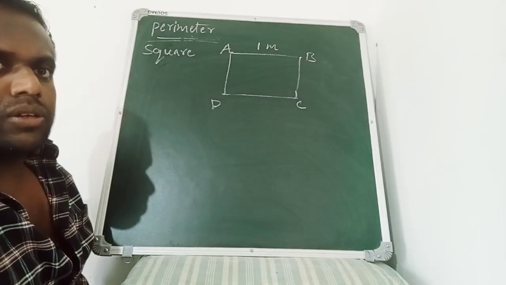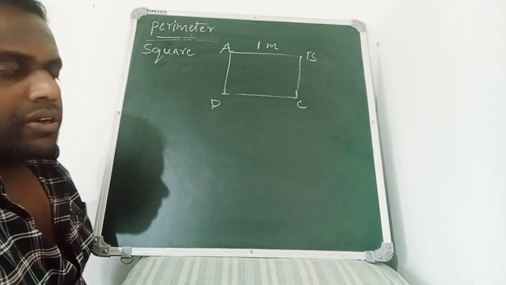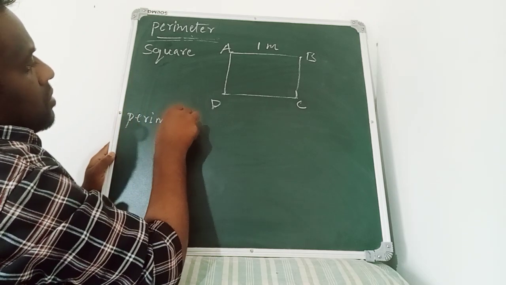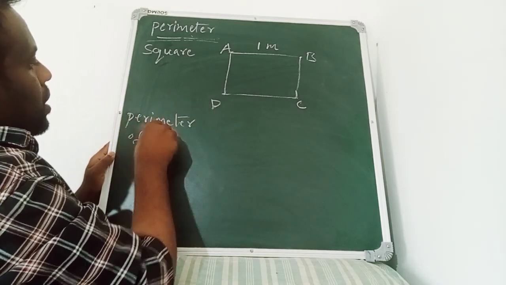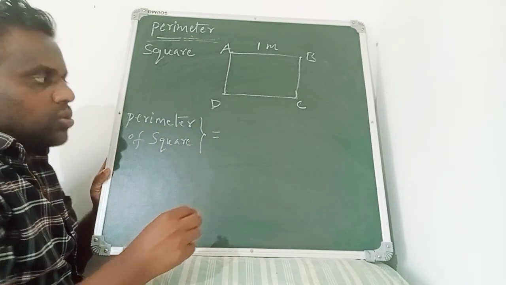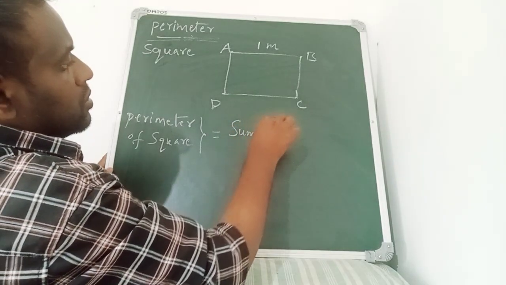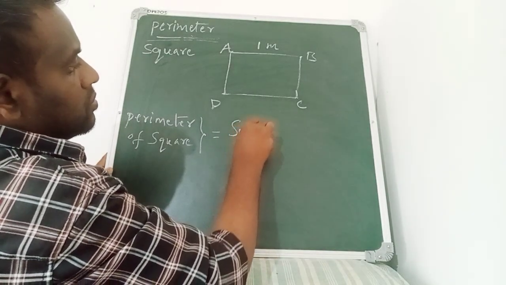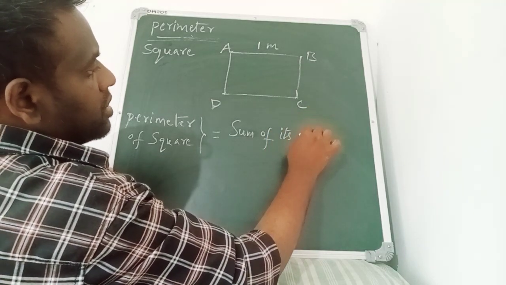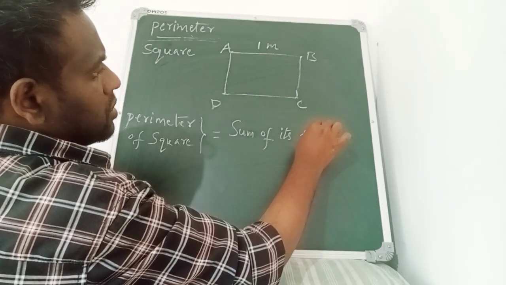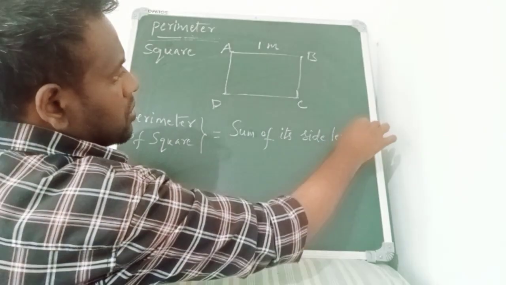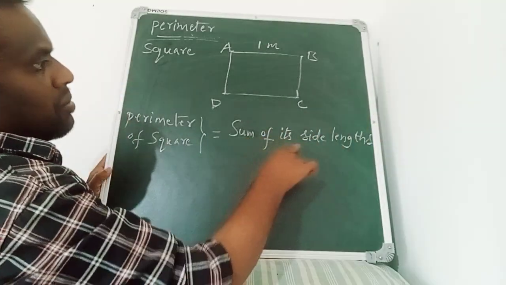Next step is what? To find the perimeter. So you remember the formula always. Perimeter of a square also is the sum of its side lengths.